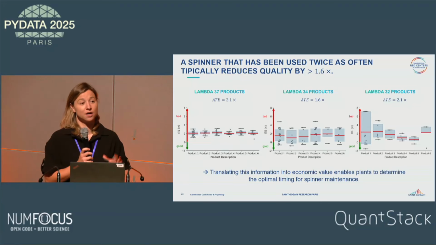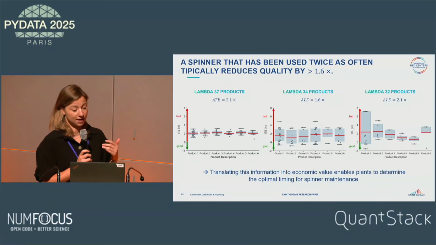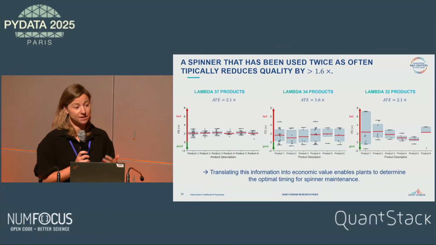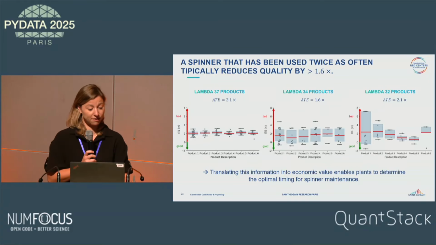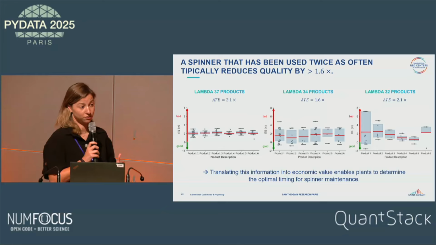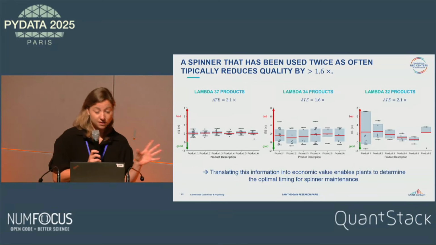So we are sure that the decrease of quality shown here, we see for all the products we are above the threshold of 0. It means that there is an effect and it's causal. For example, in the first graph for Lambda 37 product, we really go into the detail of the product. We see here we have 6 different products.